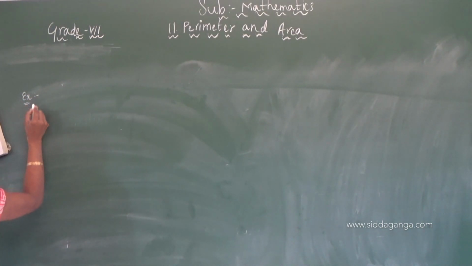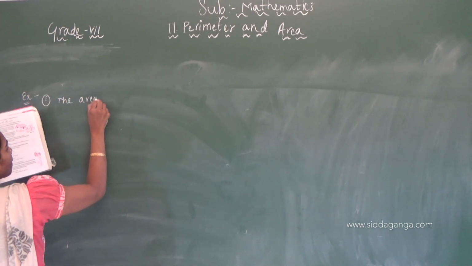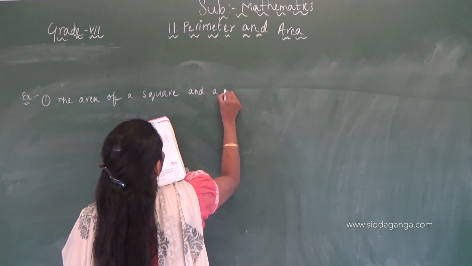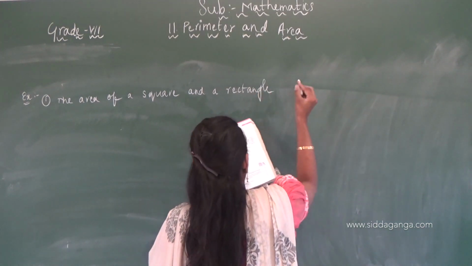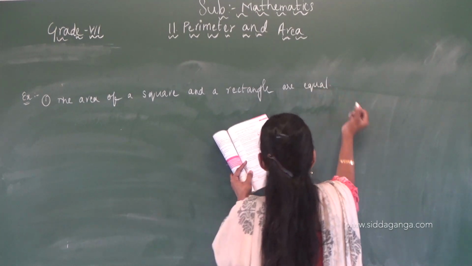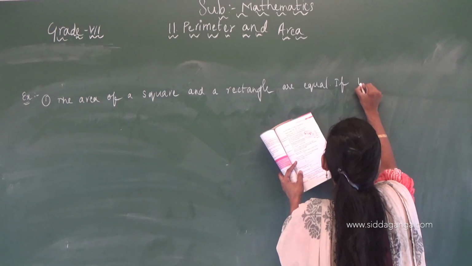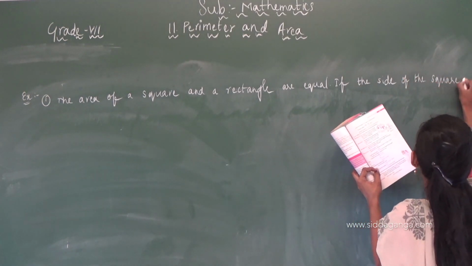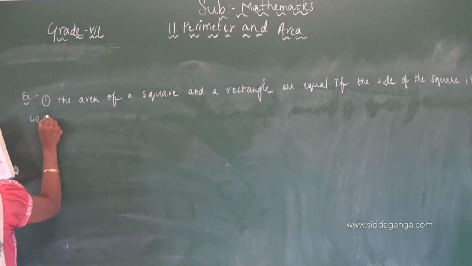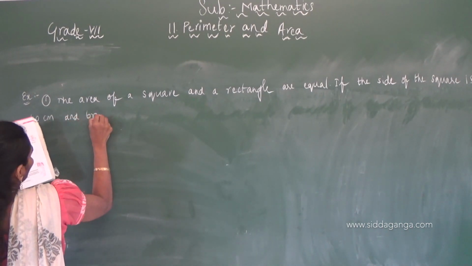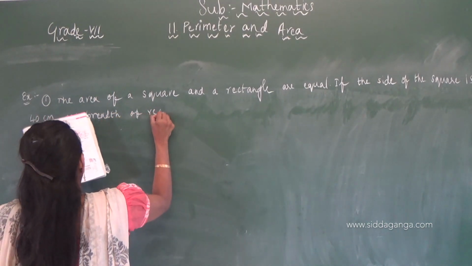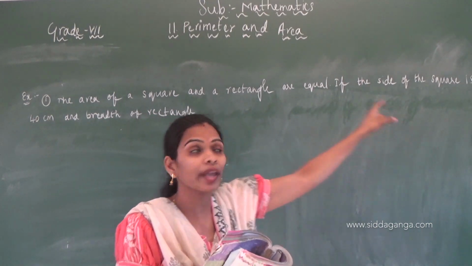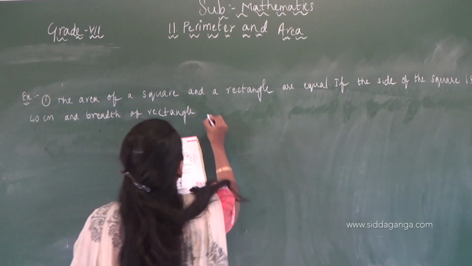Example: The area of a square and a rectangle are equal if the side of the square is 40 centimeters and the breadth of the rectangle is 25 centimeters.